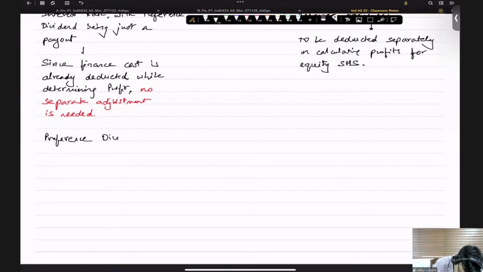Preference dividend deductibility would also depend on the first one.